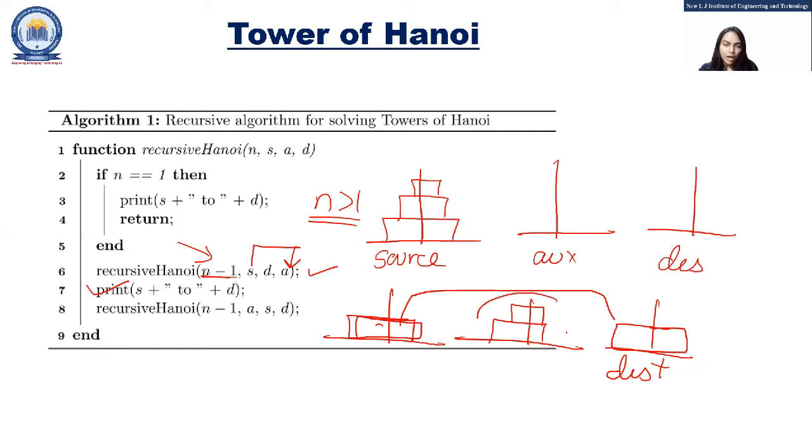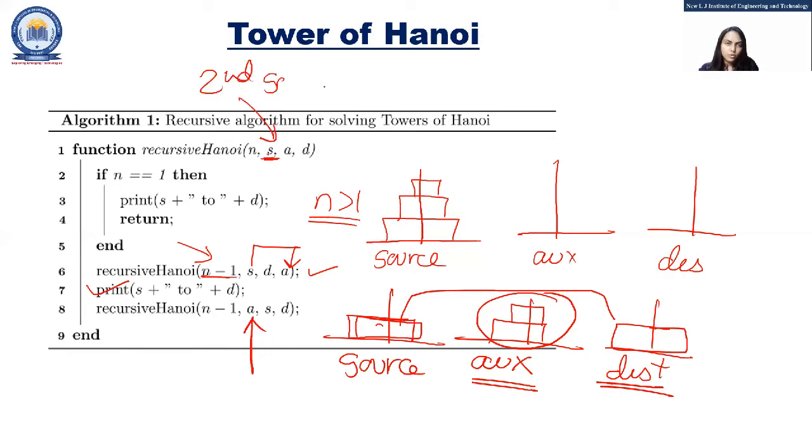And now how we can transfer this? Source is auxiliary, this is destination, and we can use source. So what is the source, students? See this is source, second one is source. So here second one is source.